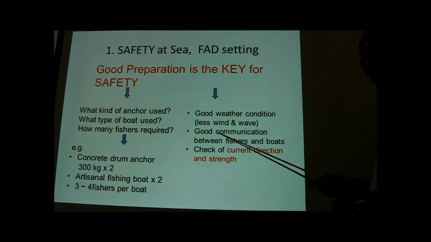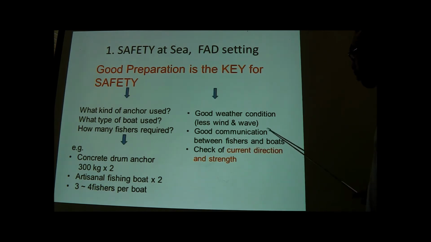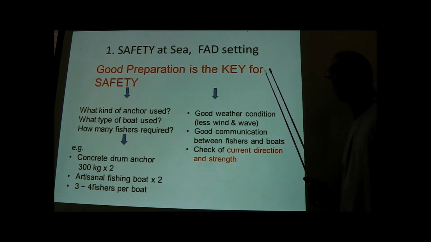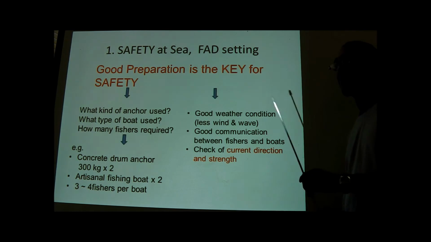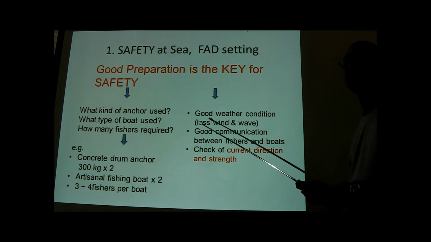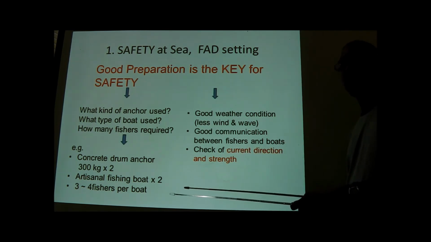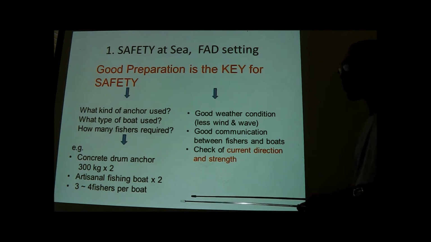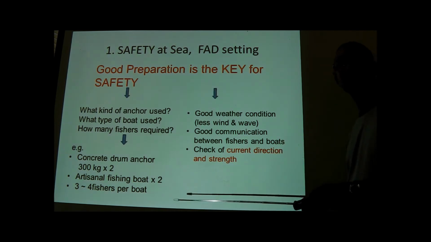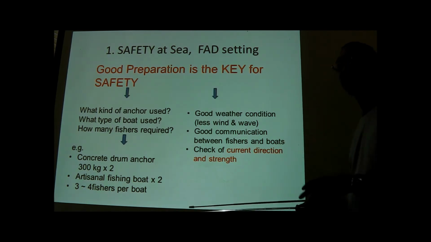So we further need to have good communication between the fishers and the boats. Why? Because in most circumstances, FAD deployment operations are a 2-boat operation. As I mentioned before, 1 boat carrying the anchor, 1 boat carrying the head.